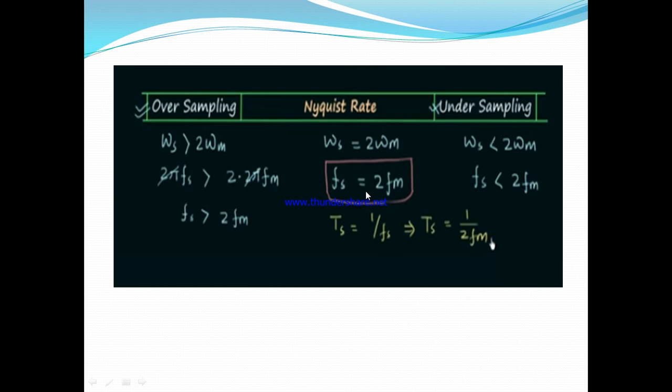If the frequency is equal to 2 fm, the message signal can be recovered easily. Here Ts is the sampling interval, 1 by fs, so Ts equal to 1 by 2 fm.